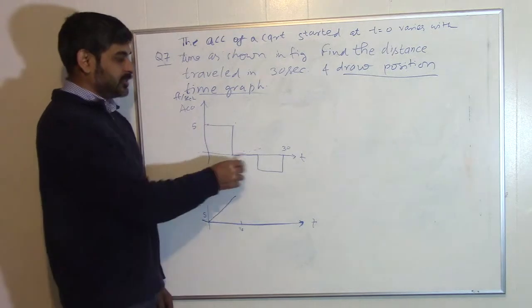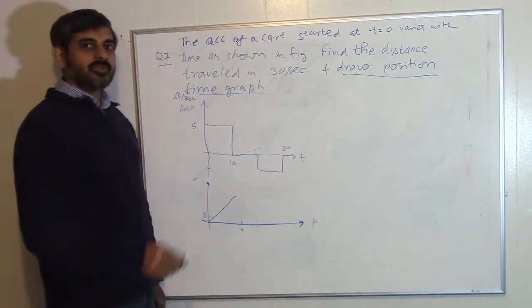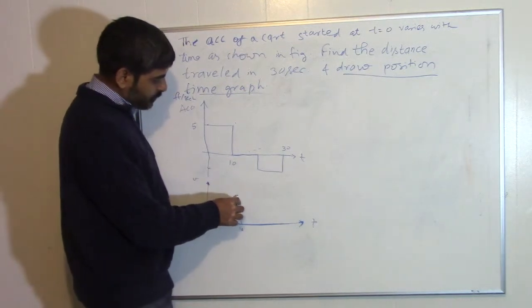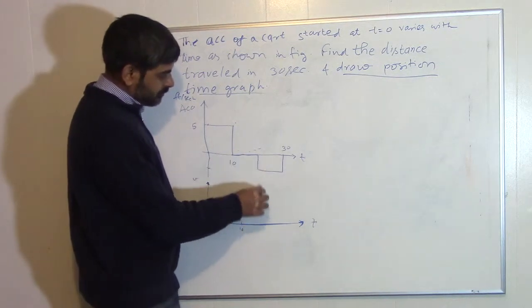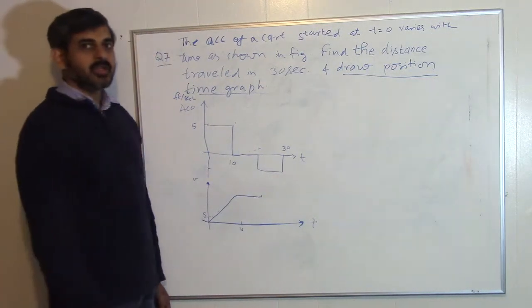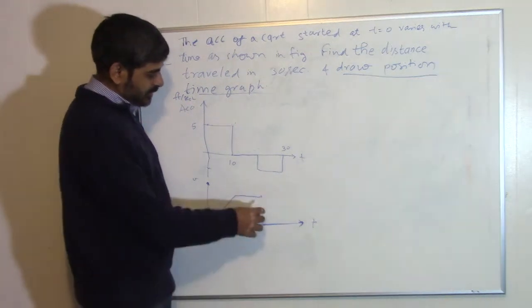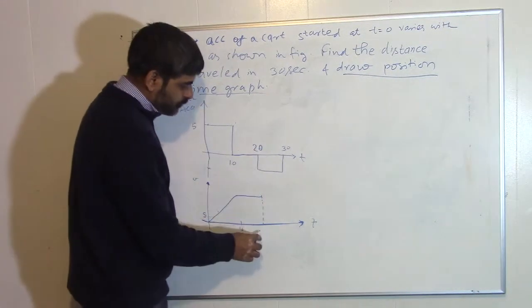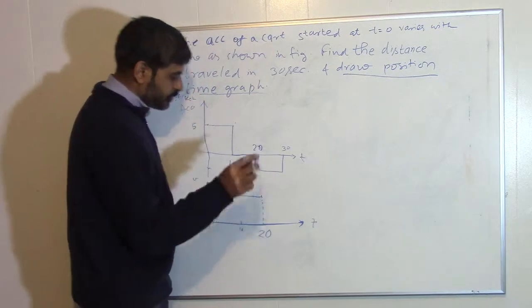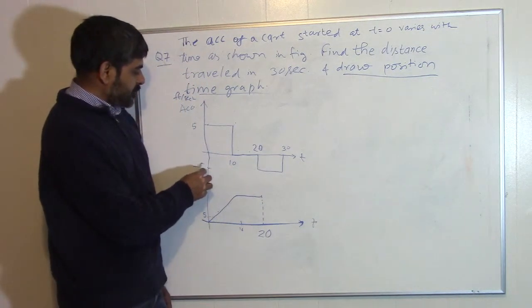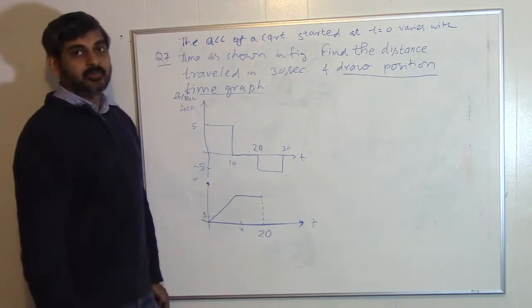At this point, there is no acceleration, and anything that moves will keep moving until an external force is applied. Here we have applied the external force to the body, and its velocity will start decreasing from this moment, at 20. Now here we have a deceleration of minus 5 feet per second square.